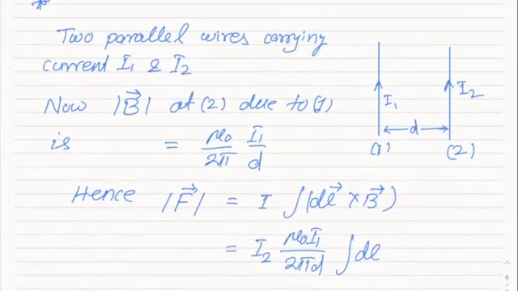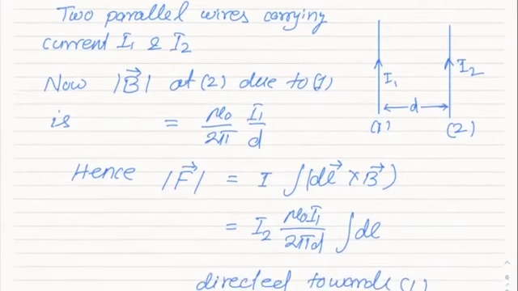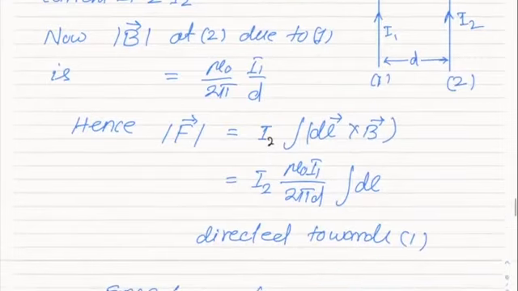So use your dl cross B expression, and then it is easy to see that the force is I2 dl cross B, where B is due to 1 at 2. So this is I2 multiplied by mu 0 I1 by 2 pi d, times dl. I hope it's clear. You first calculated B, then you are just using the familiar expression to calculate force.